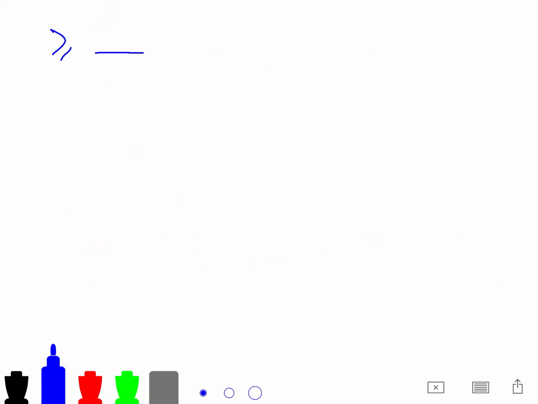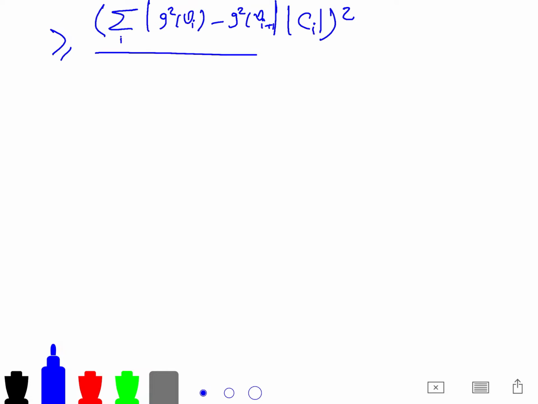And if you carry on, you will notice that it is the sum over i of (g squared of v_i minus g squared of v_{i+1}) times C_i, squared, over 2 times the sum of g squared of v d of v, squared.